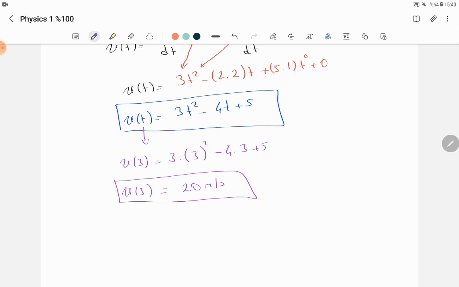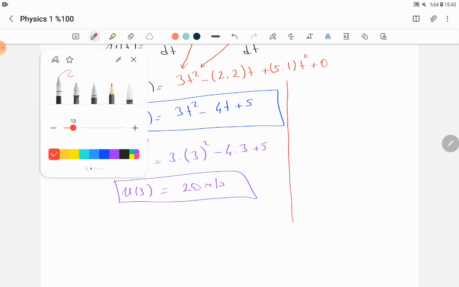What is the acceleration of our object at the end of the third second? We can find it this way.